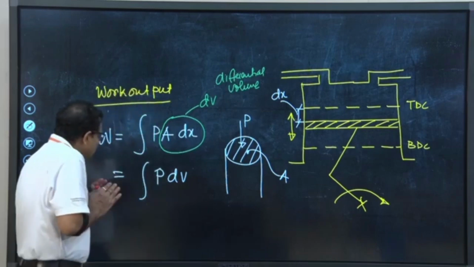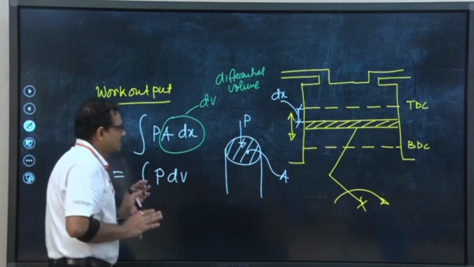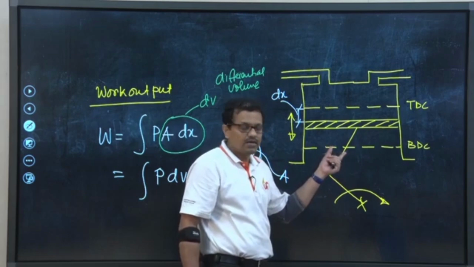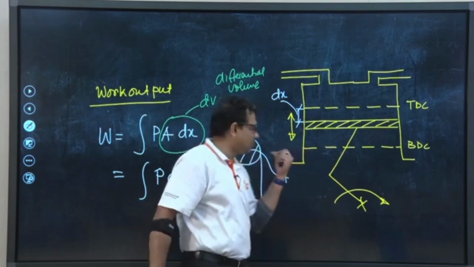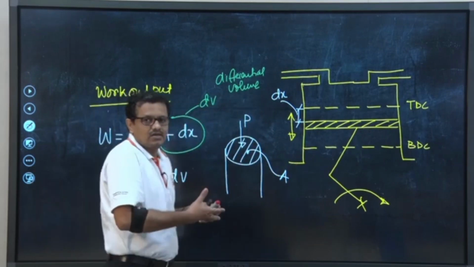So, it is not so easy to calculate the work done. What we have understood is that we can calculate the work output from this expression, but it is not so easy to calculate the integral PdV, that is basically a summation.